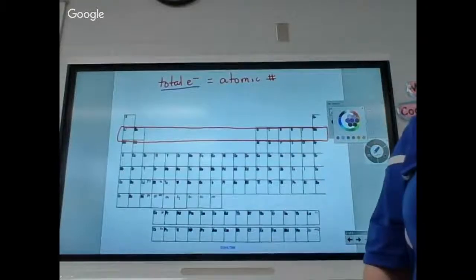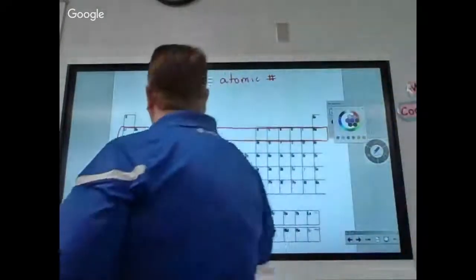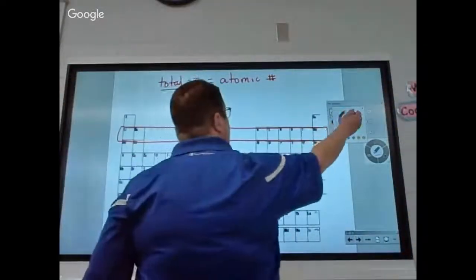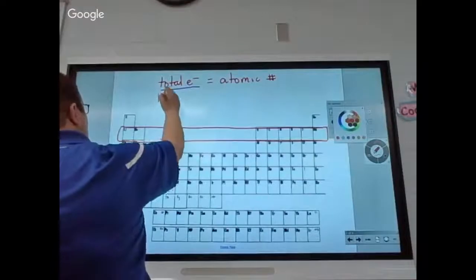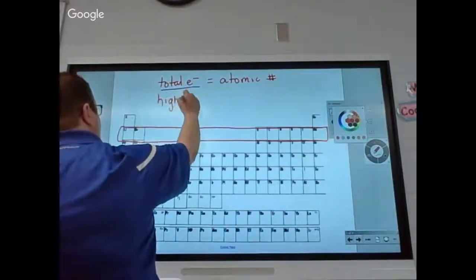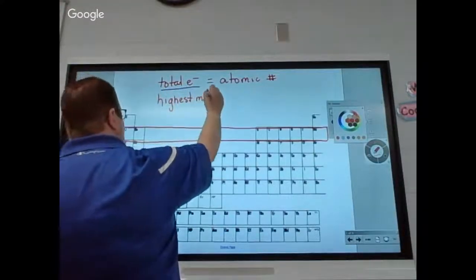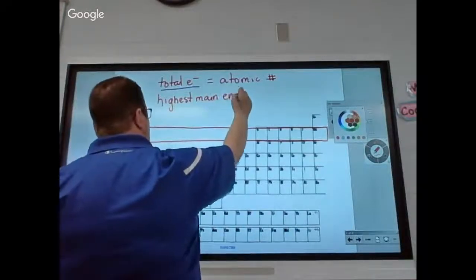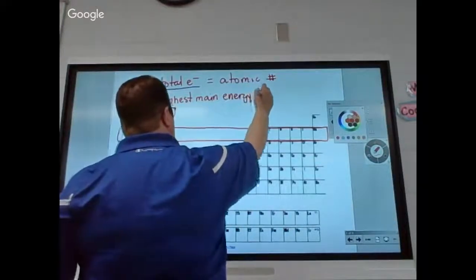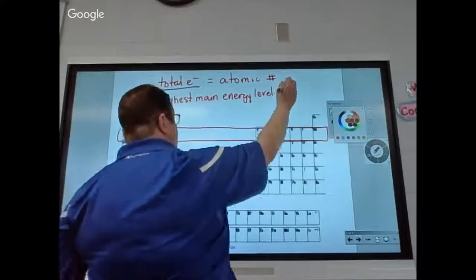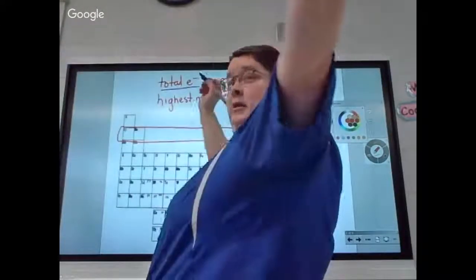Now, look at the way letter B is worded. This time it says a total of 5 electrons in the highest main energy level. So what does it mean when it says highest main energy level? Outer shell.